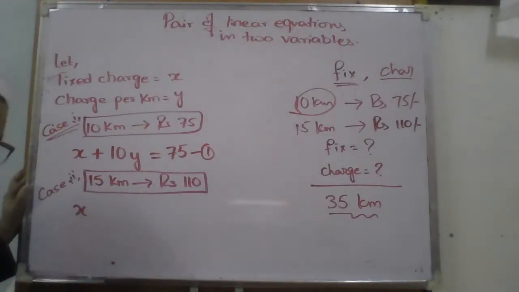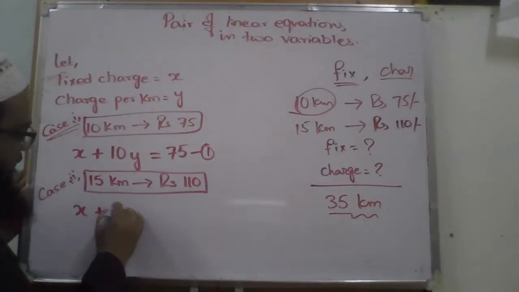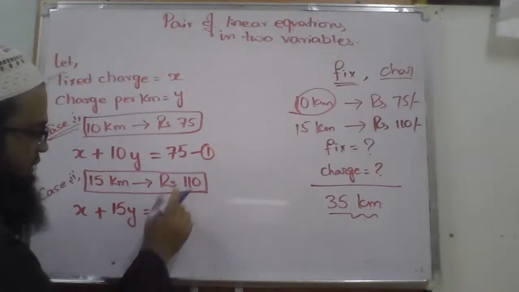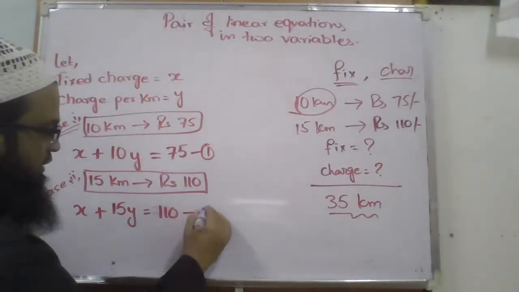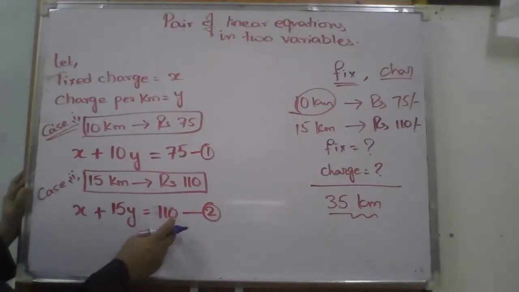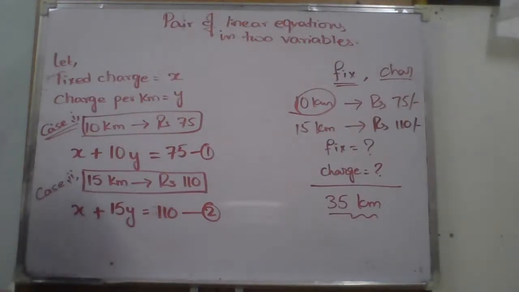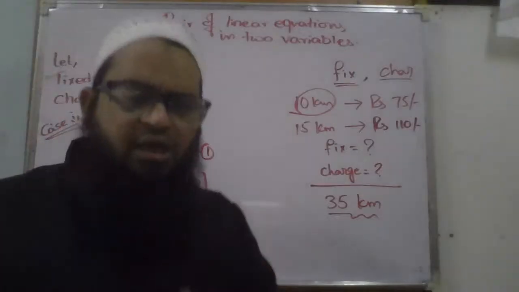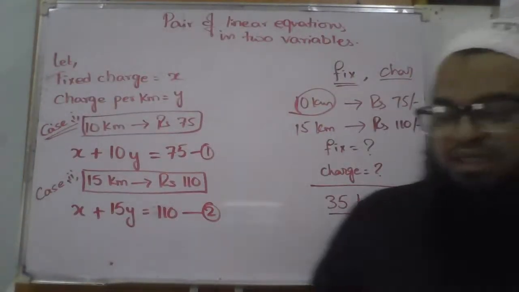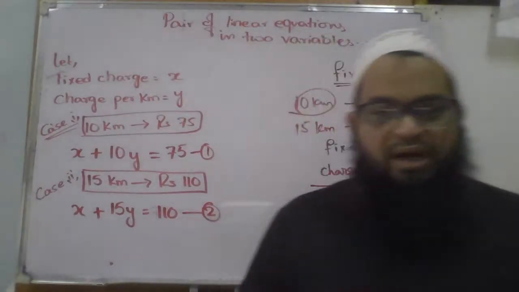So I can write x plus 15y, since per 1 kilometer the price is y, equals 110 rupees. So this is the second equation. Did you understand? This is the most important part in pair of linear equations in two variables or quadratic equations. Changing the statements into equations is the most important one. Got it, my dear students?